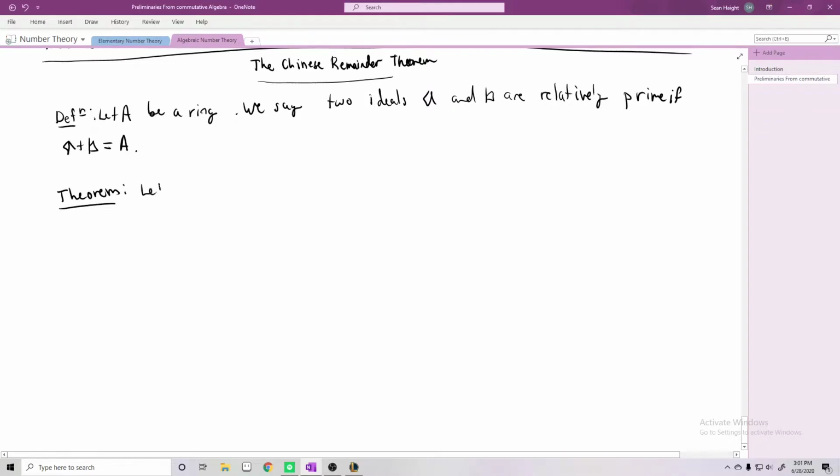So we're going to let A be a ring with pairwise coprime ideals, say A1 through AN.